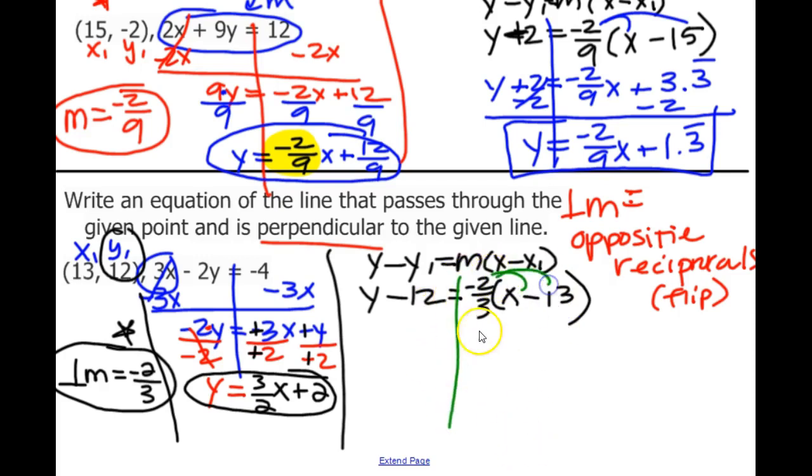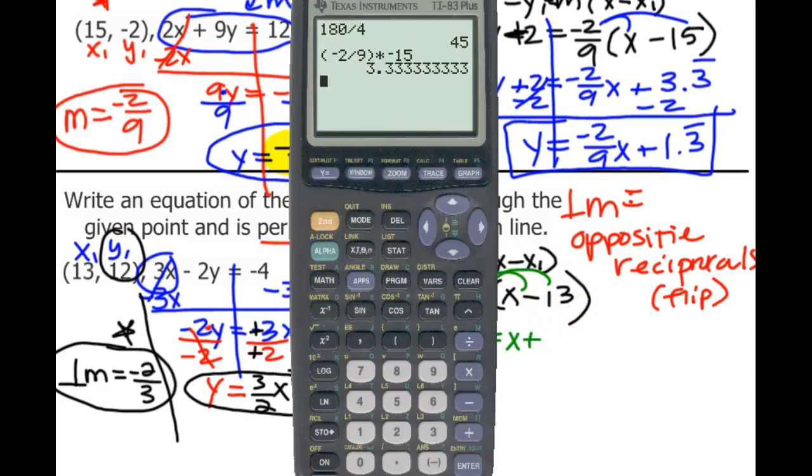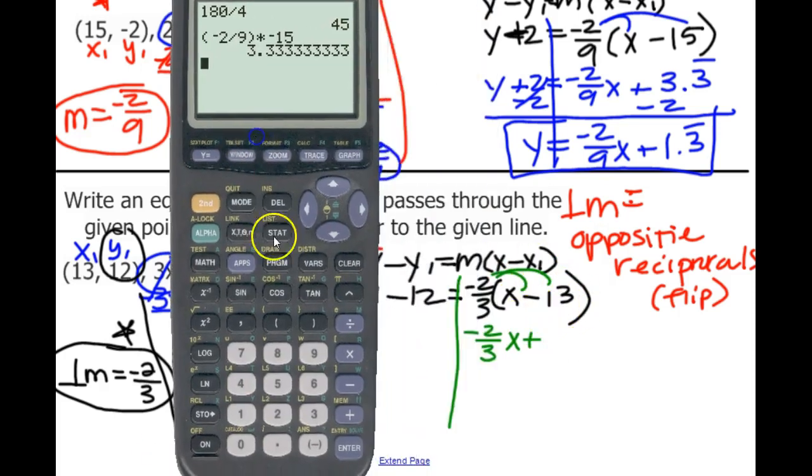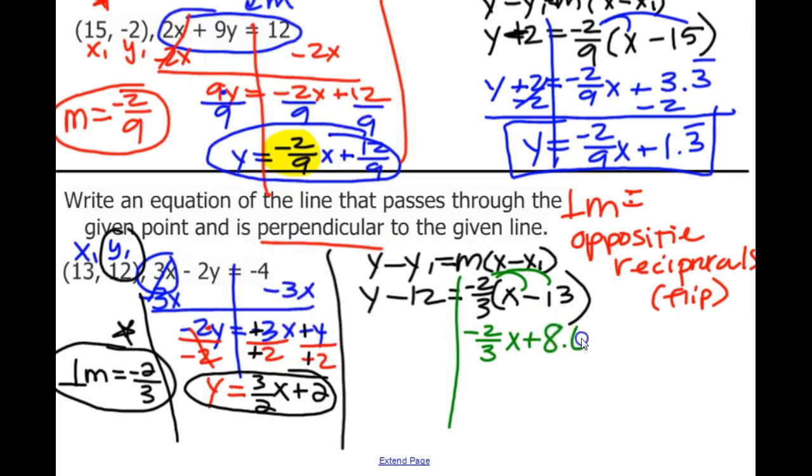So let's distribute those. And negative 2/3 times 13, a negative times a negative I know is a positive, but I'm going to plug it in anyways. Negative 2/3 times negative 13 gives me 8.6 repeating, or 8 2/3.